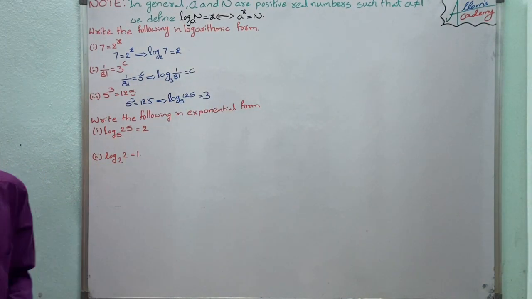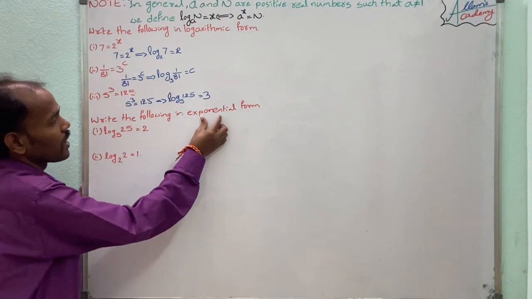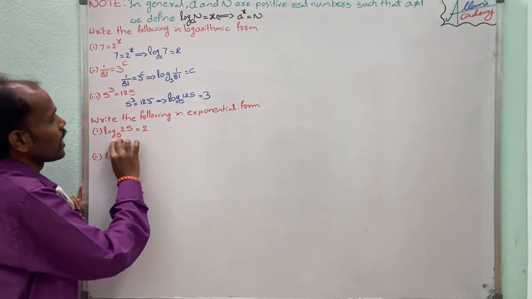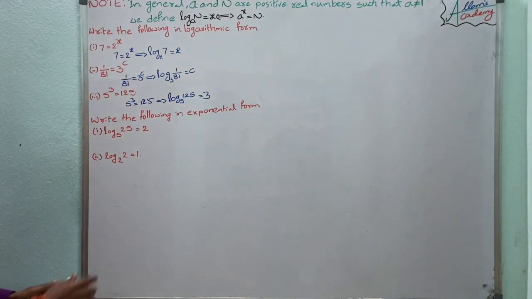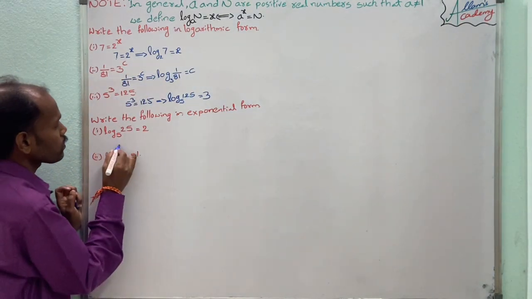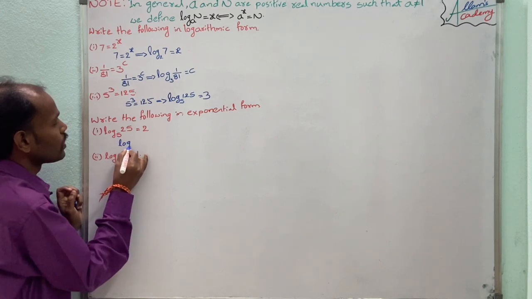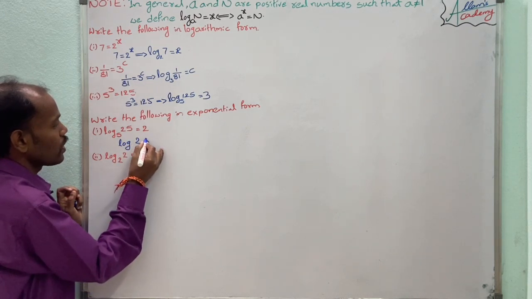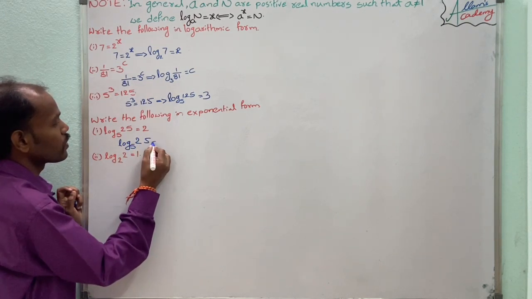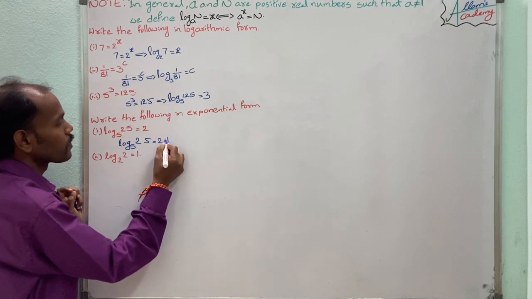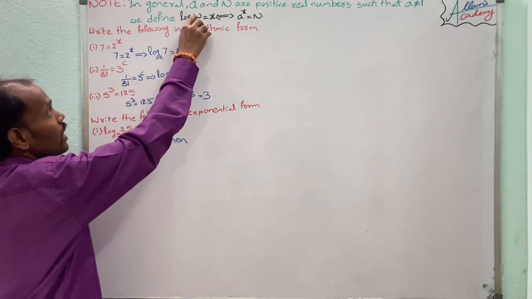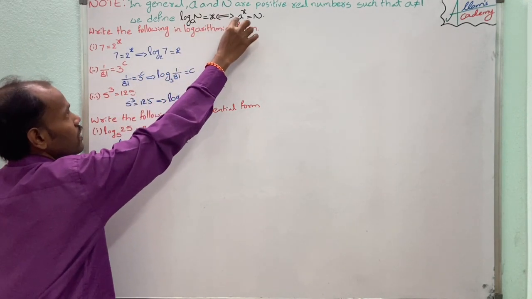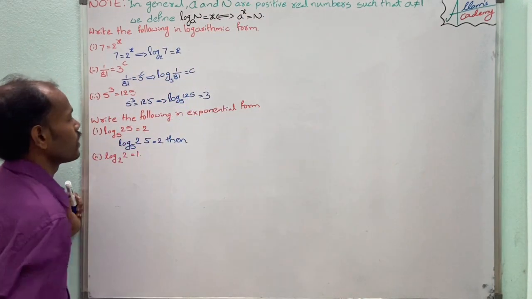Now if numbers are given in logarithmic form, we have to write them in exponential form. The first one is log 25 base 5 equal to 2. If log n base a equal to x, then we write a power x equal to n.